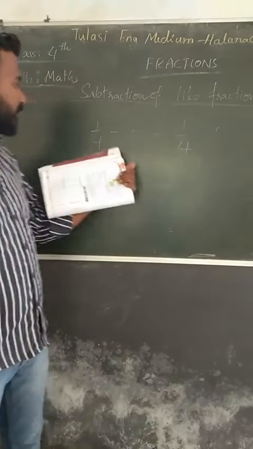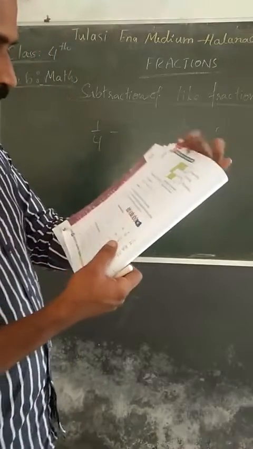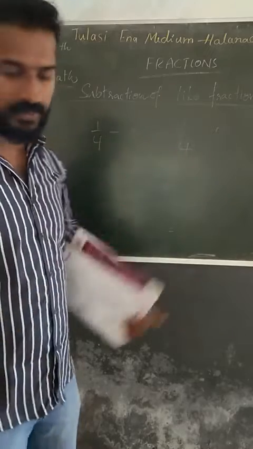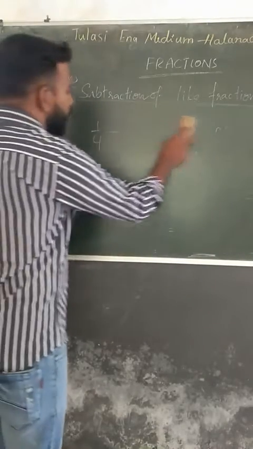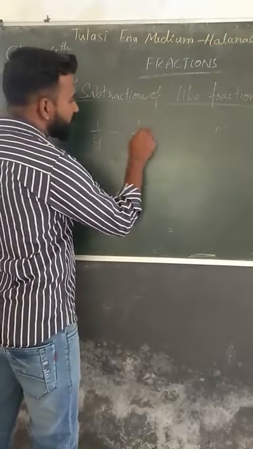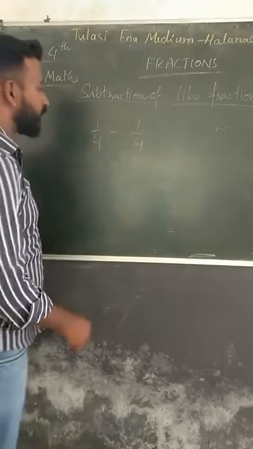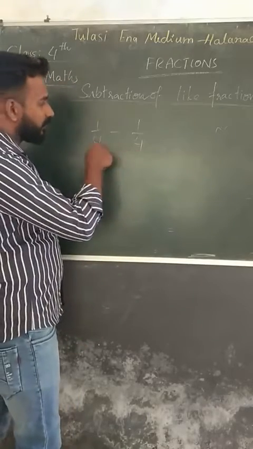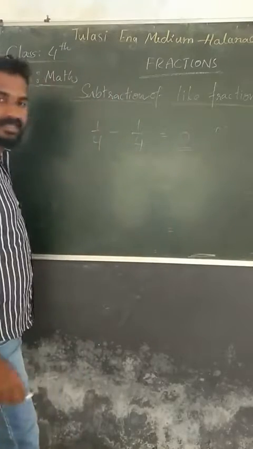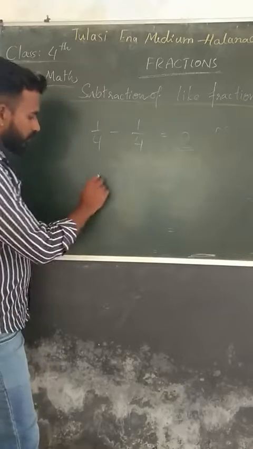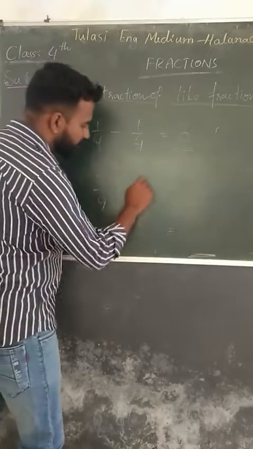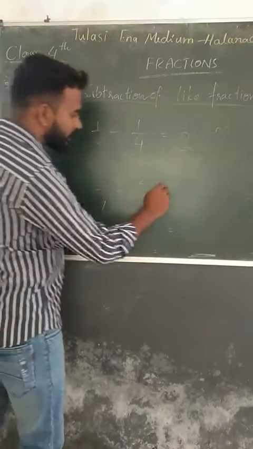We will get the same 1 by 4 here. And a fraction when subtracted from itself gives 0. Say 1 by 4 minus 1 by 4. When we subtract a fraction from itself, we will get 0. 2 by 9 minus 2 by 9, we will get 0.